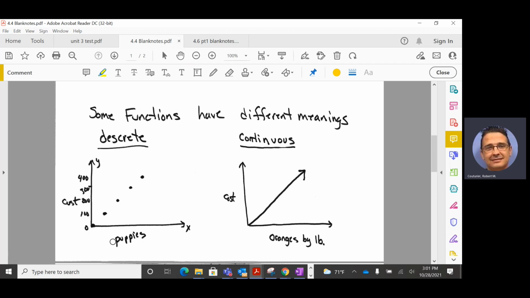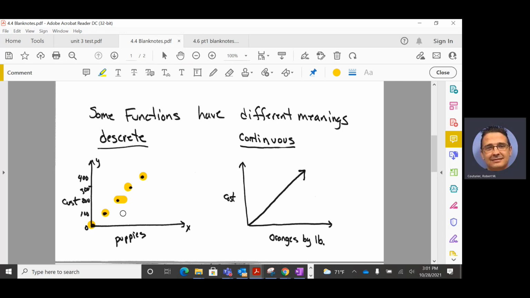They're selling puppies. So notice how this graph is dotted, right? We have a dotted graph. Each dot is something of value. A puppy. If they sell no puppies, they make no money. They sell one puppy, they made 100. They sell two puppies, they made 200. They sold 3 puppies, they made 400.